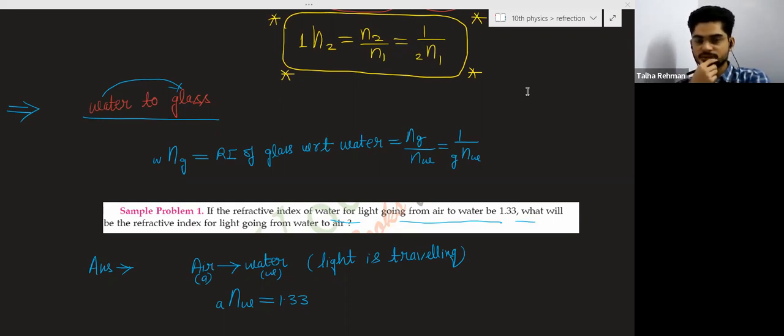So this is one of the best reference books for 10th science. The language in this book is very easy.